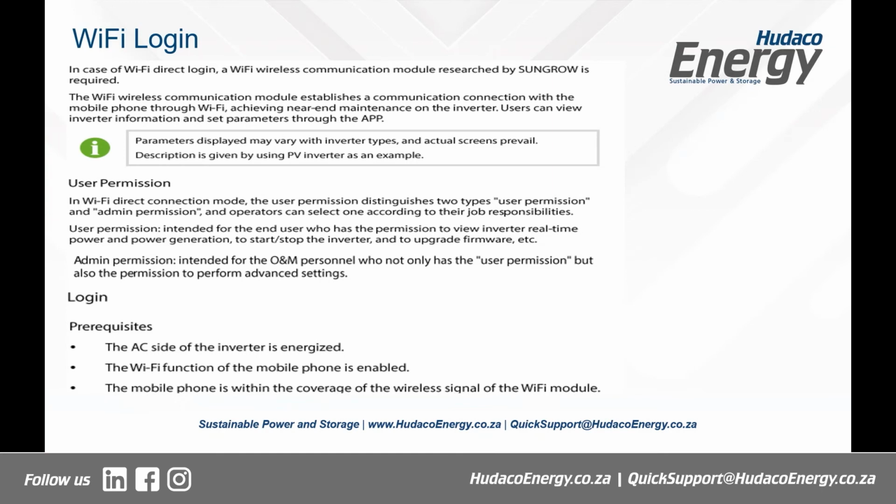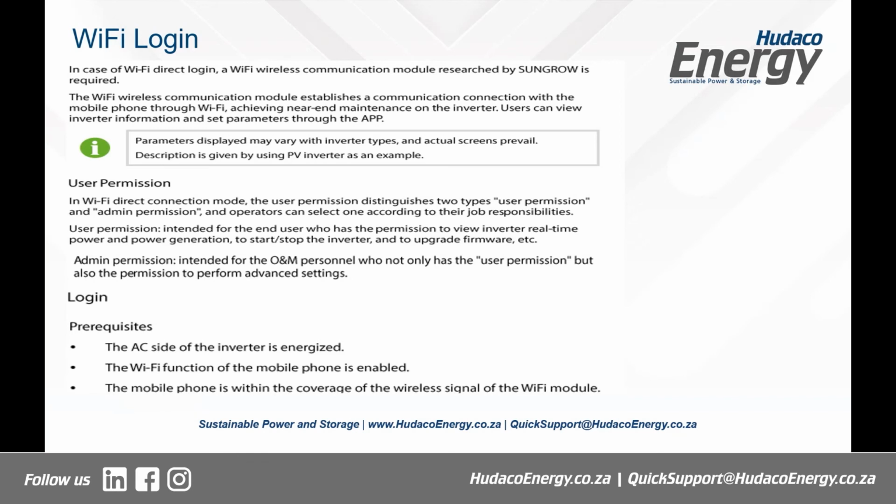you can only view information in real time and see the power and power generation, start and stop the inverter, and also upgrade firmware. But if you are registered as admin, you are registered with privileges to do operation and maintenance. Okay? You have got more privileges than those that are given to the user.